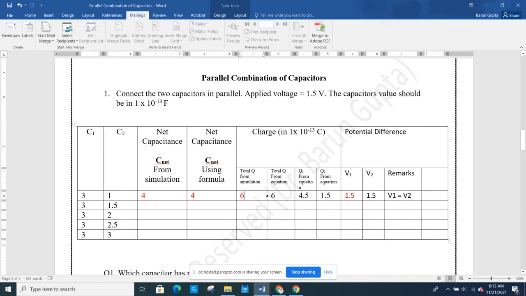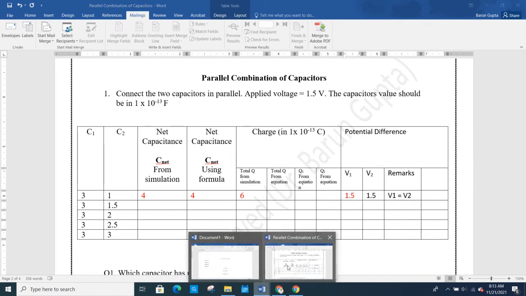The next question will be, how do we calculate from the formula or from the equation? I will answer these in 1 minute. First, let's calculate the potential difference, V1 and V2.